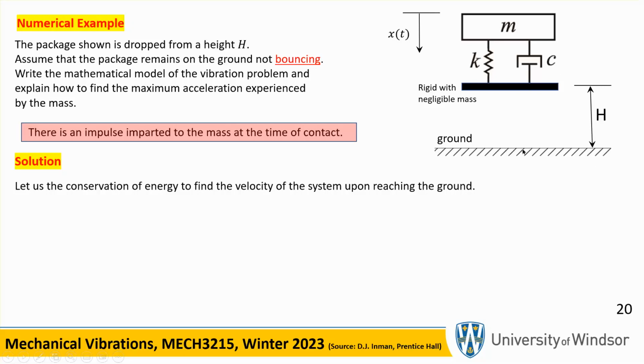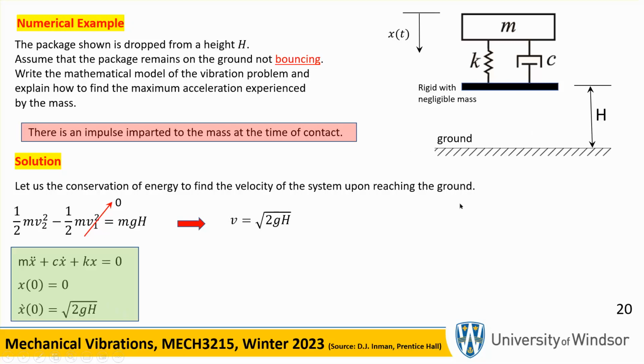And the kinetic energy at the very bottom is 1/2 m v squared, and you equate these, and you're going to get the speed of this package when it hits the ground. So this is basically the work energy equation, and you're going to get the velocity when it hits the ground.